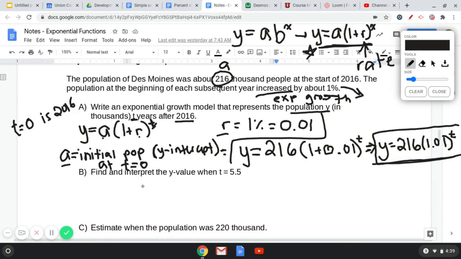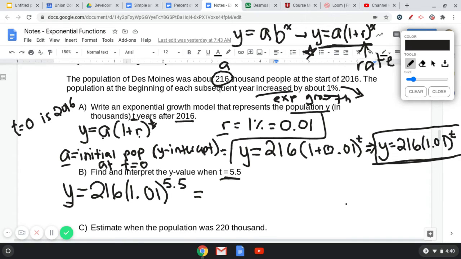Now, we're going to find and interpret the y value when time is 5.5. I'm going to do this two ways. We're going to do this using our formula, and we're going to figure this out using a graph as well, because I want to graph this. So, find and interpret the y value when time is 5.5. We know that y equals 216 times 1.01 to the t, but hey, we're saying t is 5.5, which means after 5.5 years, we're going to find y, which is the population.